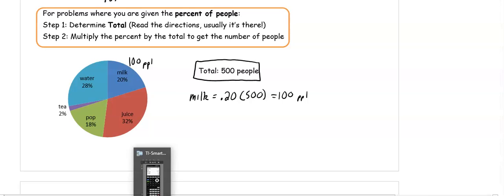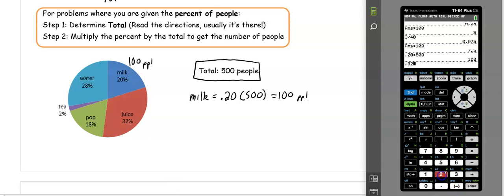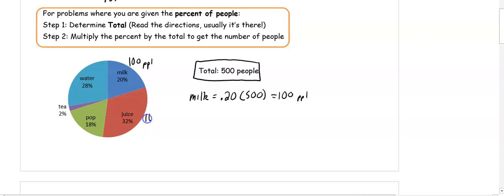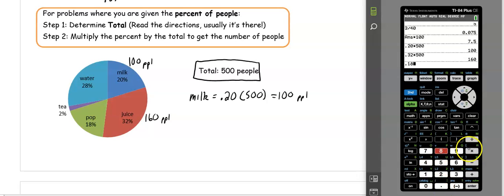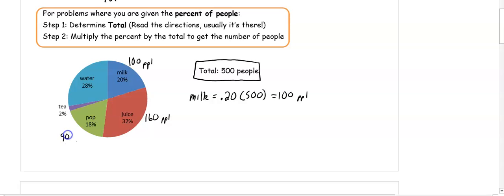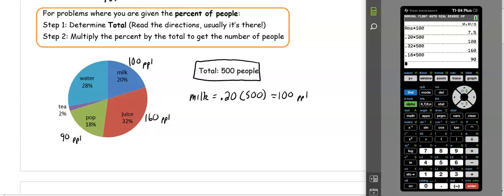If we keep going around our graph, juice, we have 0.32 times 500, which is going to be 160 people. Soda, we have 0.18 times 500. That's going to get us 90 people. Tea, we have 2%.